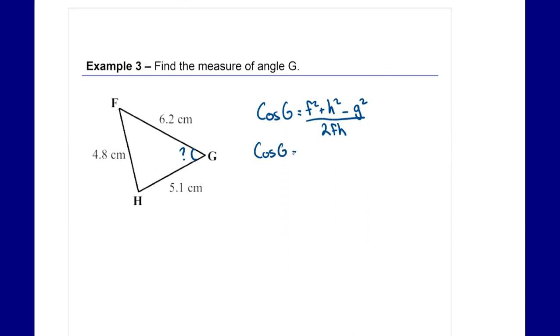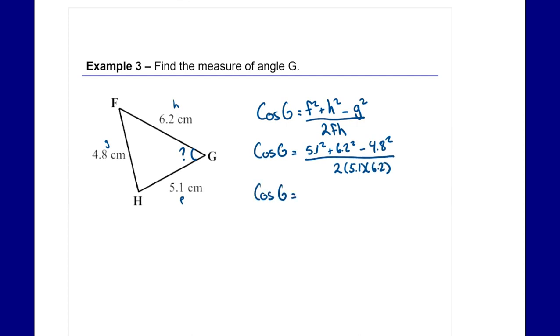Cosine of G is equal to f, the side opposite angle f, so 5.1 squared, plus h, which is opposite angle h, or 6.2 squared, minus g squared, which is opposite angle g, or 4.8 squared, divided by 2 times 5.1 times 6.2.